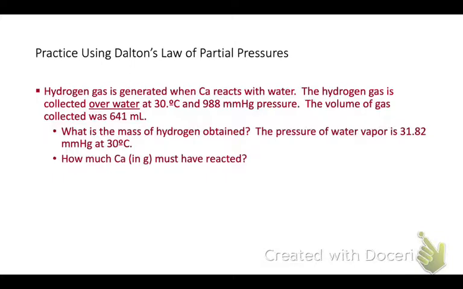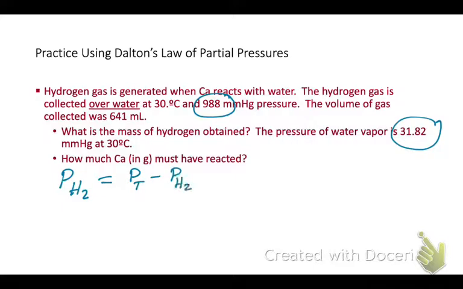I want you to solve this all by yourself. So I'm just going to give you the layout or the hints of how to do it. First, you need to figure out the pressure of hydrogen. You're going to have to subtract this from the total pressure. So that will be the total pressure minus the vapor pressure.